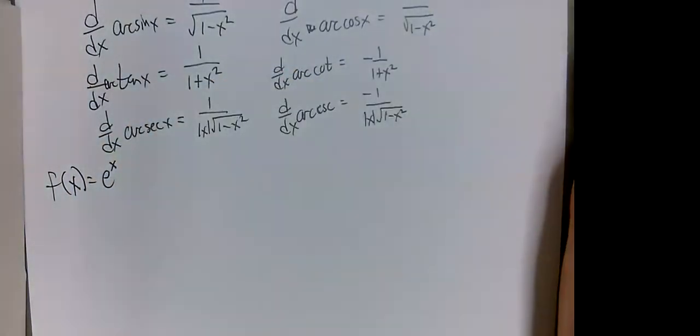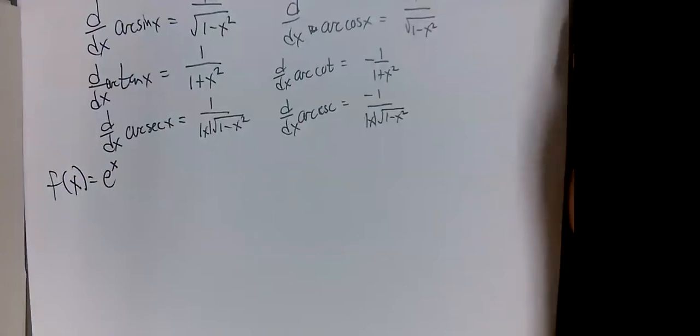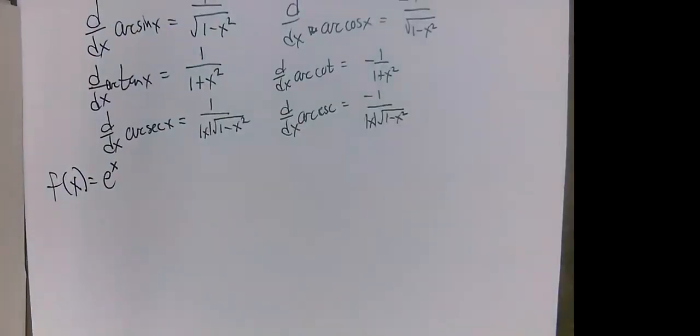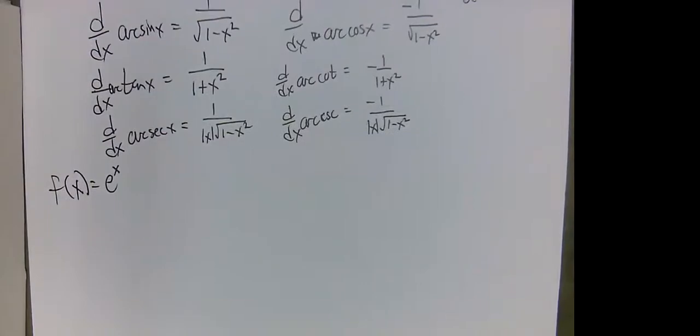If we have e to the x here, then just a minute, I want to make sure that I get these right here. A little worried my arc secant isn't right. Let's see.